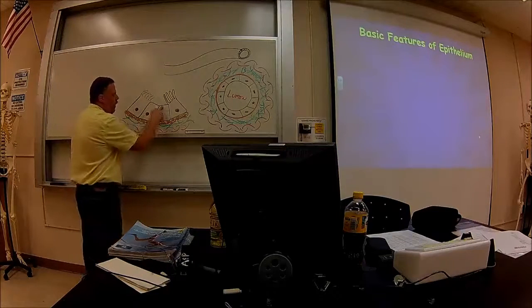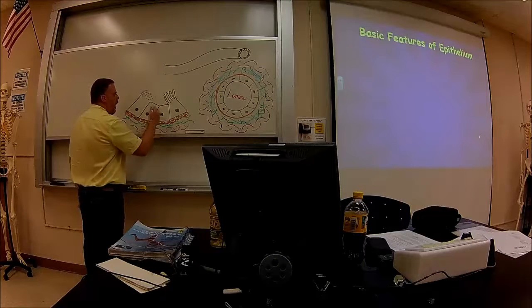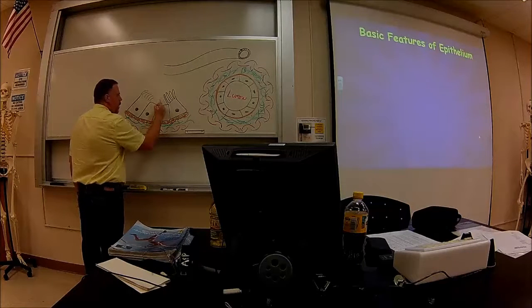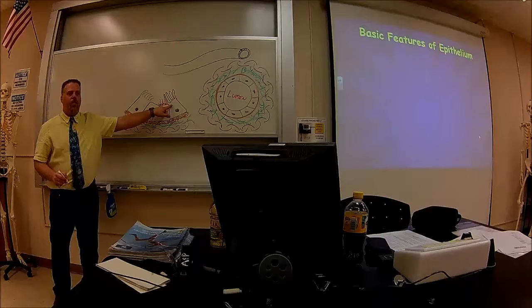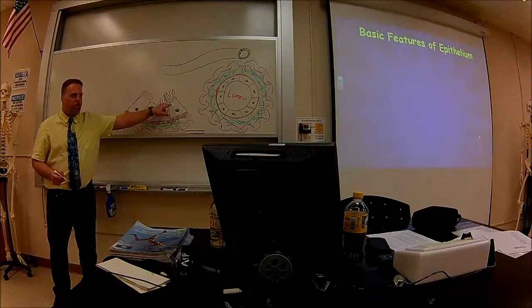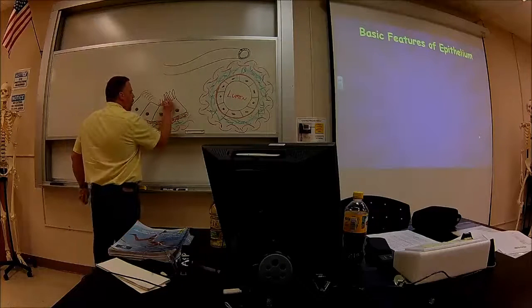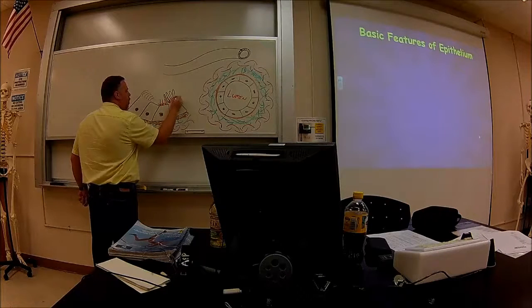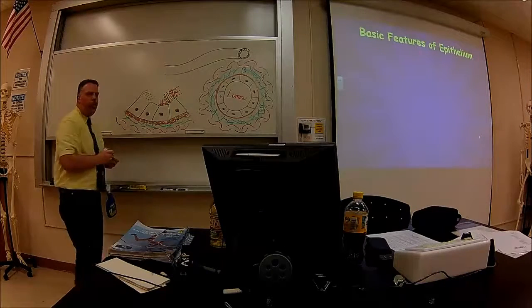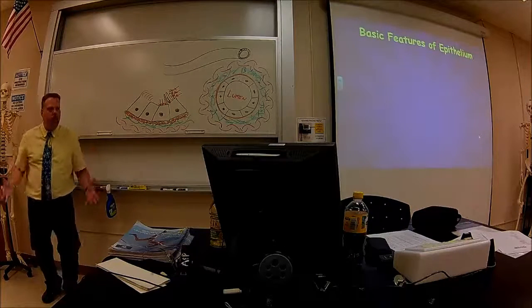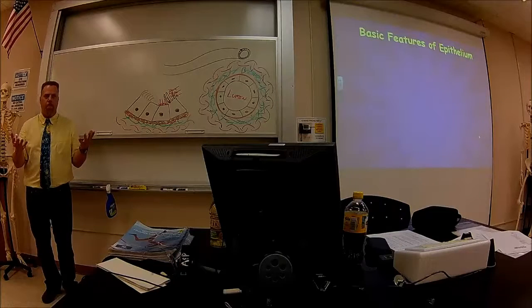At this point here, if I was going to have absorption going on, the only place I could absorb things is here and here and here. But if you have these microvilli, you can have absorption happen here, but now you can have absorption happening here and here. You're increasing the surface area so that you have more absorption occurring. Does that make sense? Okay?